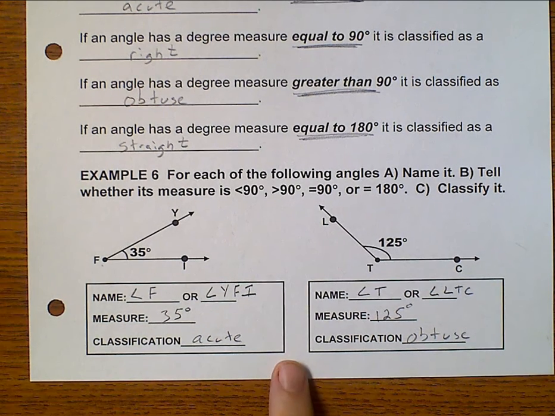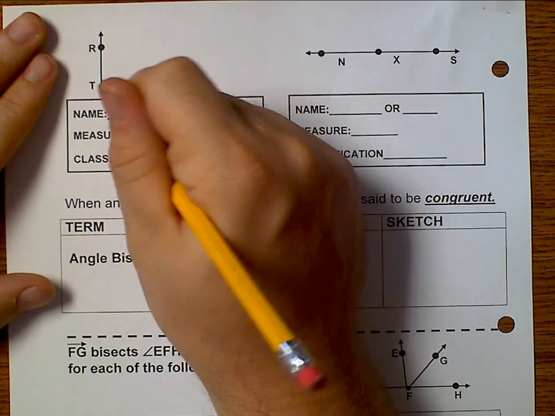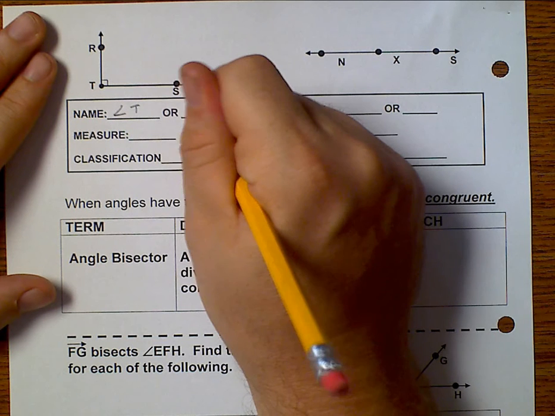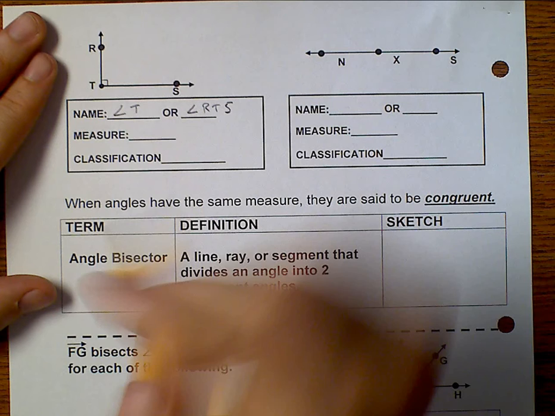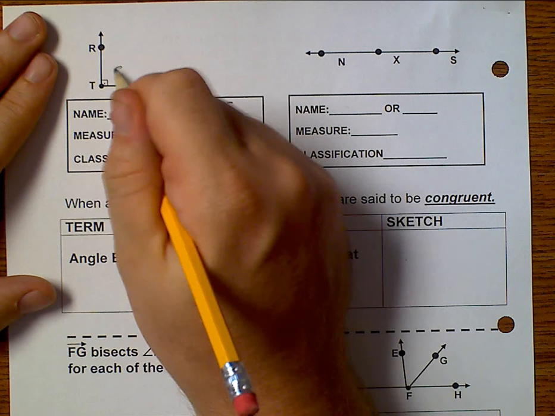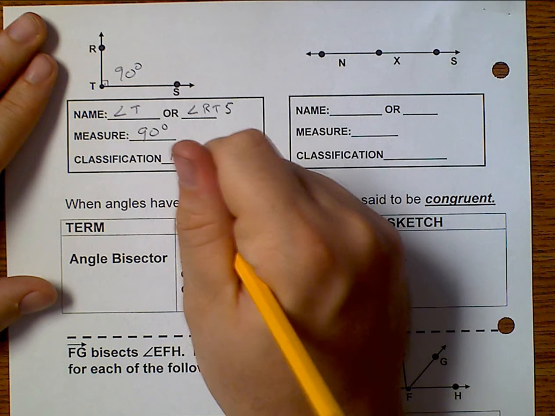One more page. Here we have angle T, or we could call this angle RTS. This box means that it is 90 degrees, so we call this a right angle.